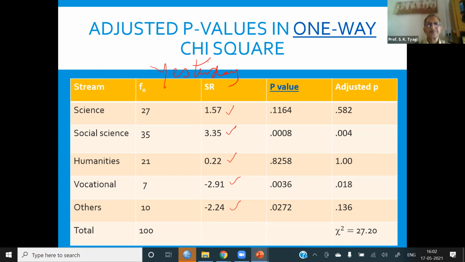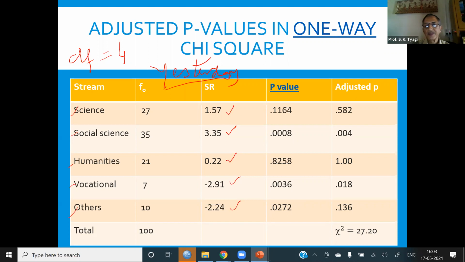But what we did not do yesterday, and which we are doing today, is this: whenever there are more than 2 categories, this is a one-way chi-square with degree of freedom greater than 1. Degree of freedom here is 4. So we are conducting 5 tests, because there are 5 categories. So FO minus FE.